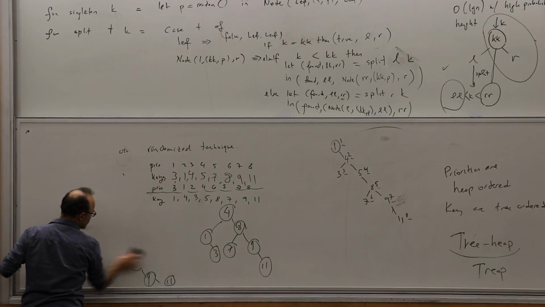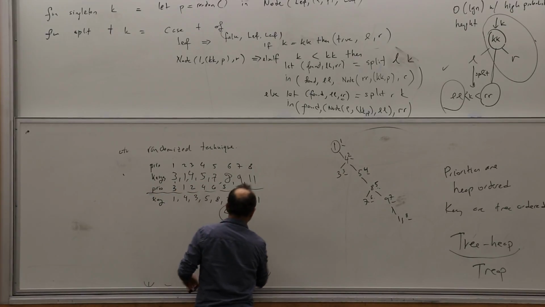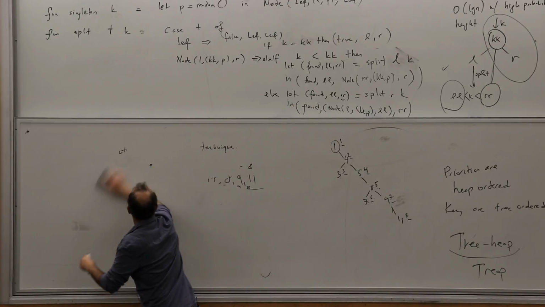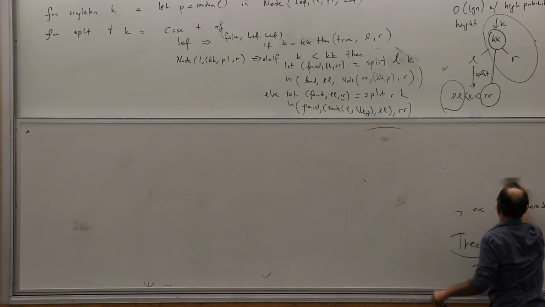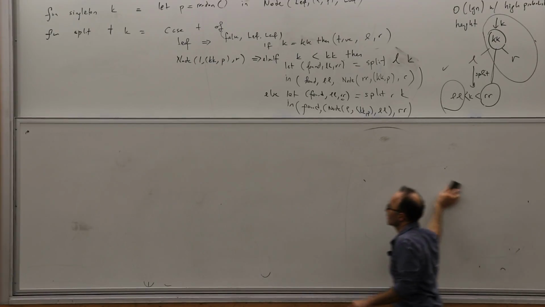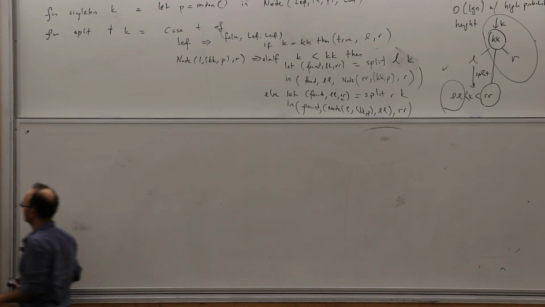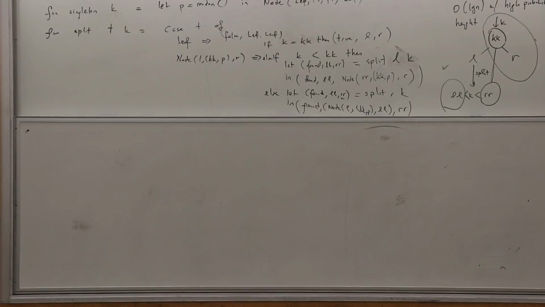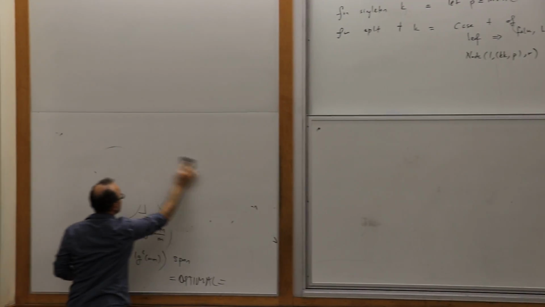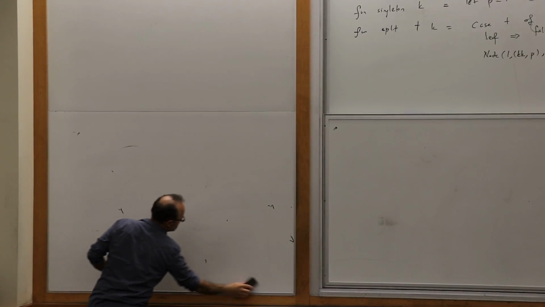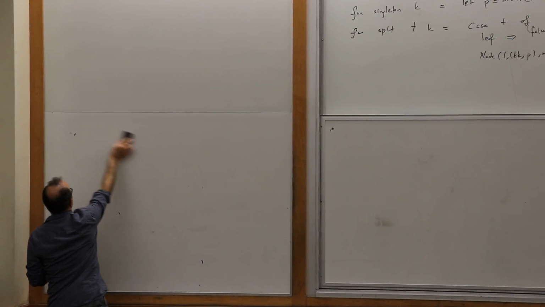Now in join, we're going to do some priority shuffling around. So what do we have in join? We have two trees. Let me use this for example. Here we need to know the priorities.